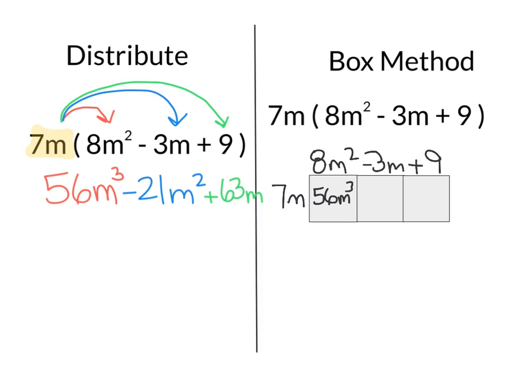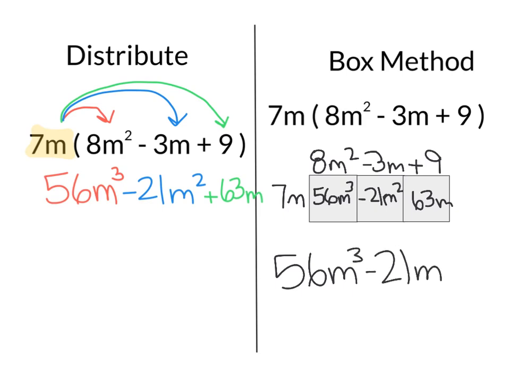Then 7m times negative 3m is going to be negative 21m squared. And then 7m times 9 is going to be 63m. So I can pull those three pieces out. I got 56m cubed minus 21m squared plus 63m. And you will see that these answers match, so either method will work.